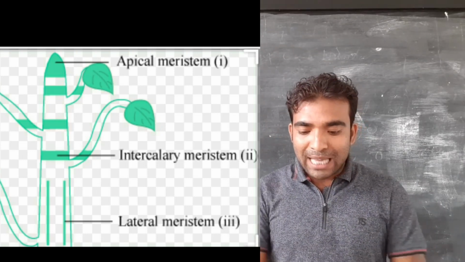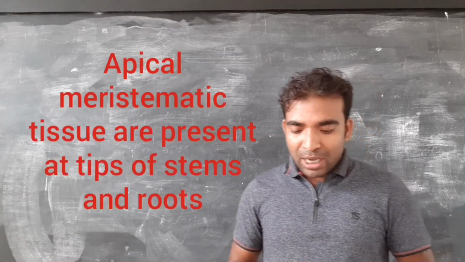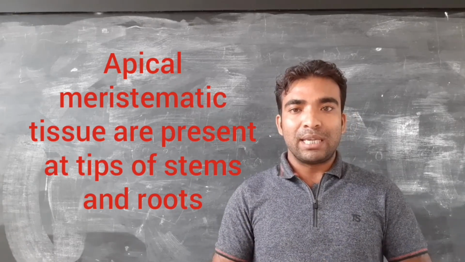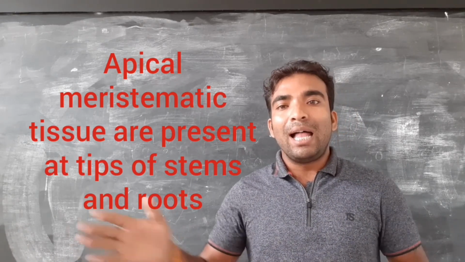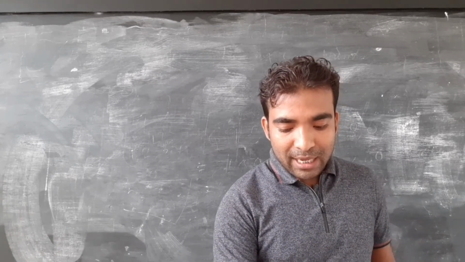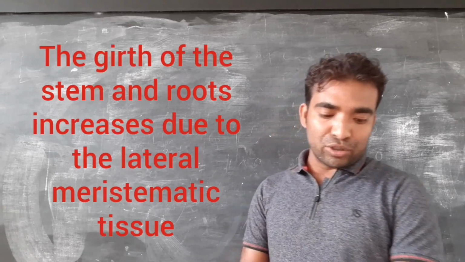The first one is the apical meristem, or apical meristematic tissue. It is present at the growing tips of roots and stems, and helps to increase the length of the roots and stems. Next, the second one is the lateral meristematic tissue.